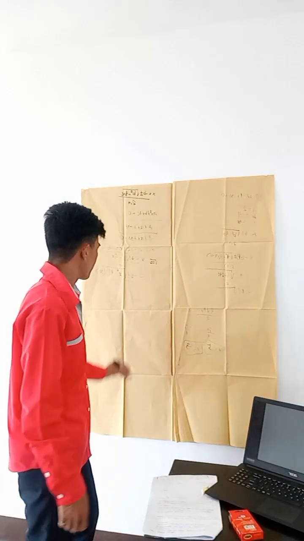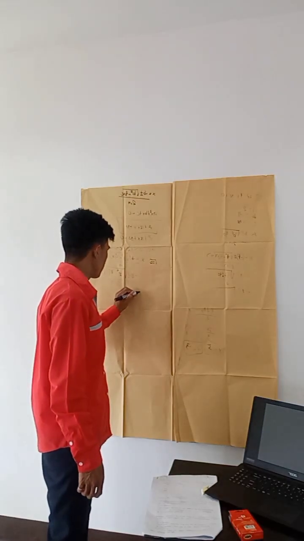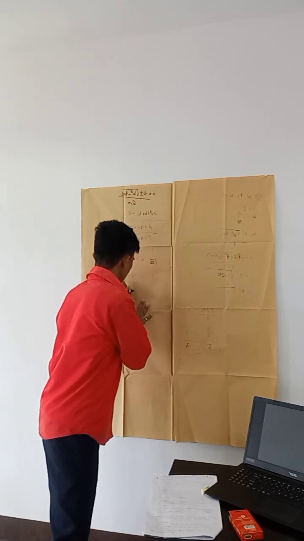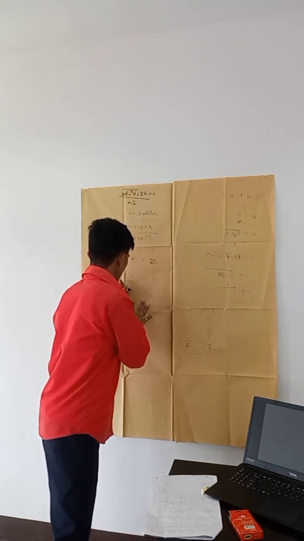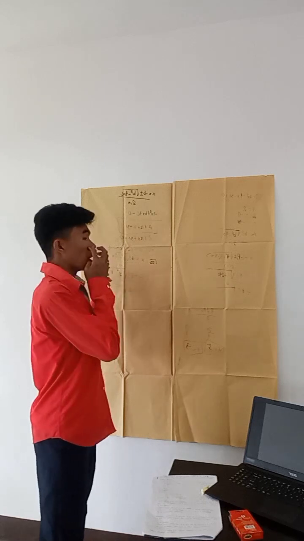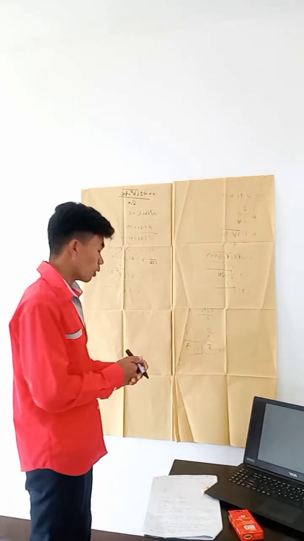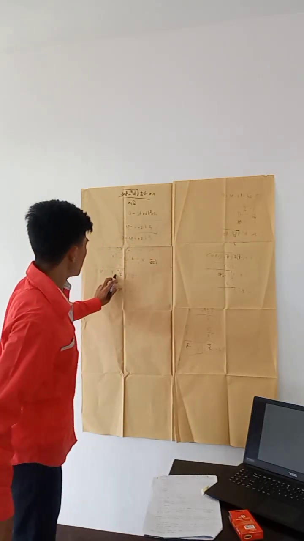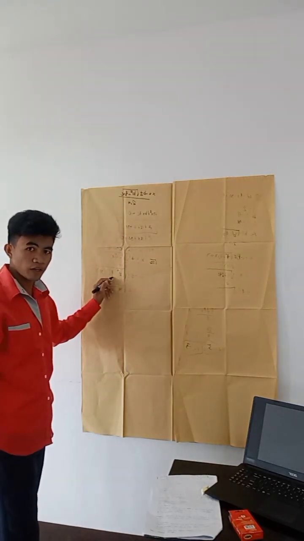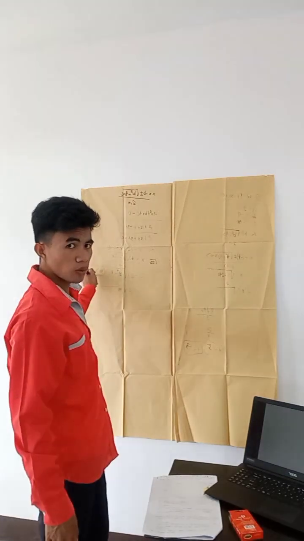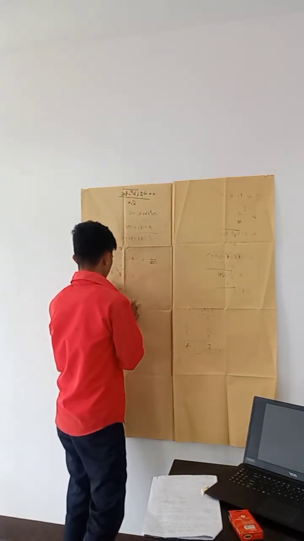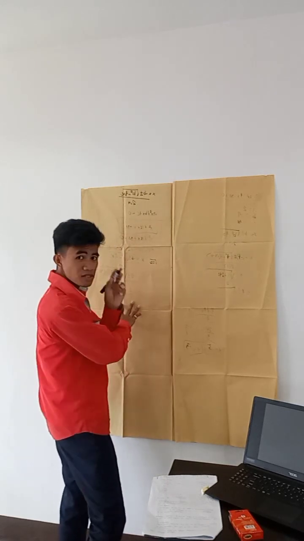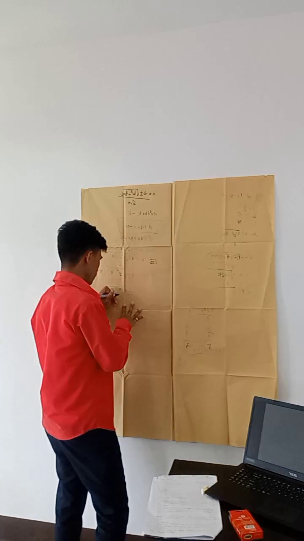Then simplify. Negative 12 plus or minus the square root of 12 times 12, which is 144, minus 4 times 1 times 32, which is 128, all over 2 times 1, which is 2.